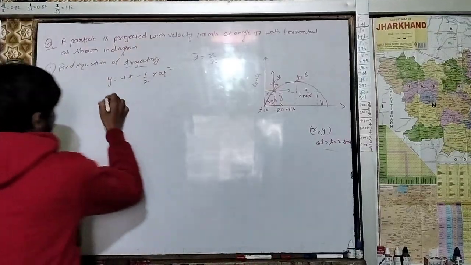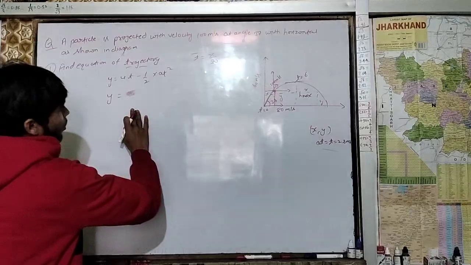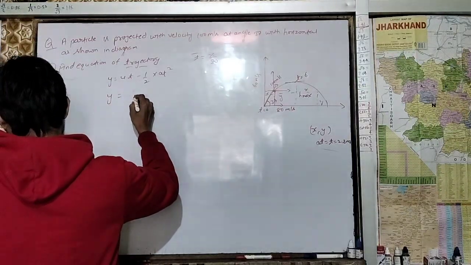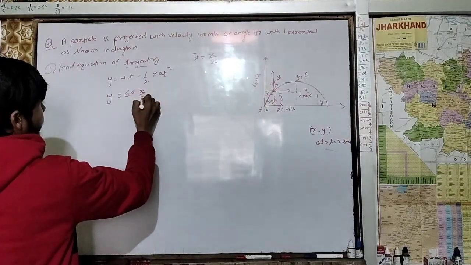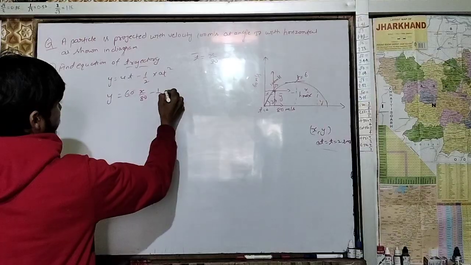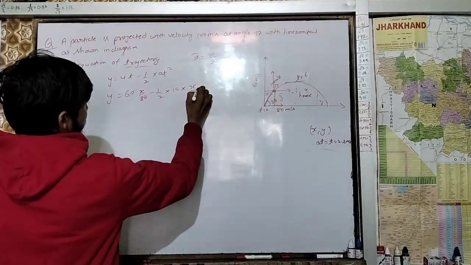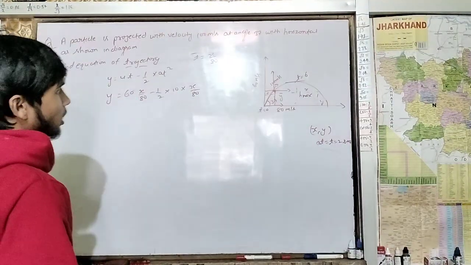So y, u is 60. t is x upon 80 minus 1 half 10, again t is x upon 80.